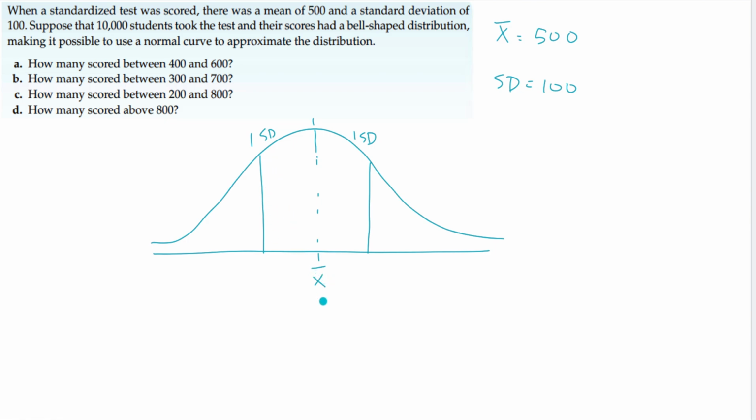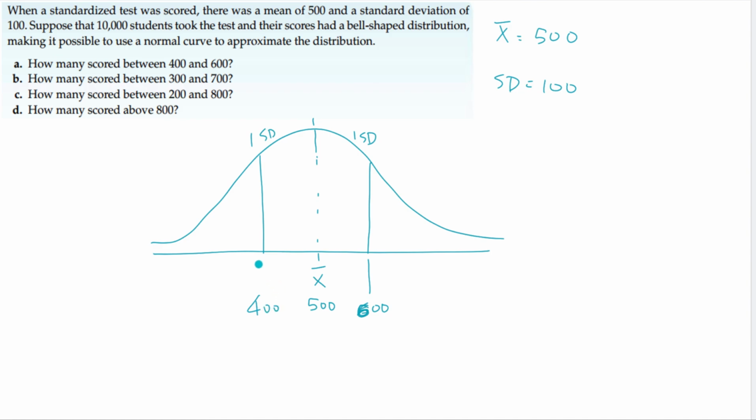So the mean is 500 and one standard deviation is 100. So if you add that, the value up here should be 500 plus 100, 600, right? And here it's one standard deviation less than the mean, so 500 minus 100, which is 400.